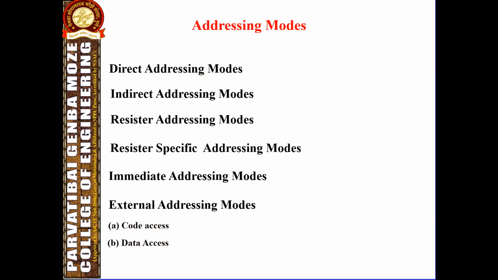And there is also another addressing mode called external addressing mode, which itself has two types, code access and data access. Let's see how each is performed and how the address is specified, one by one.